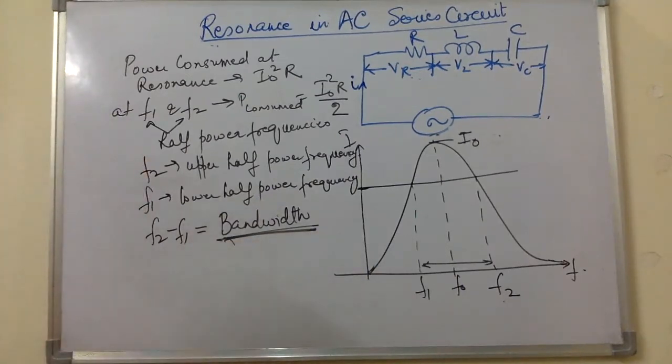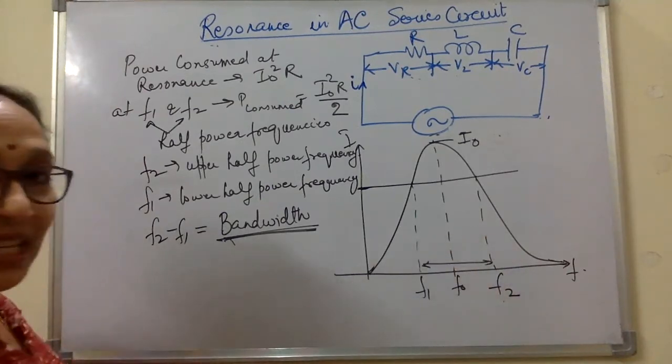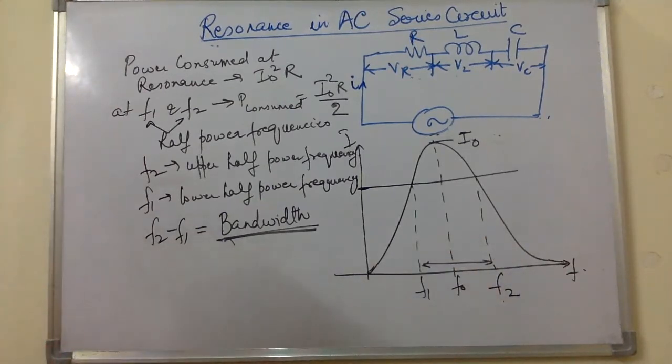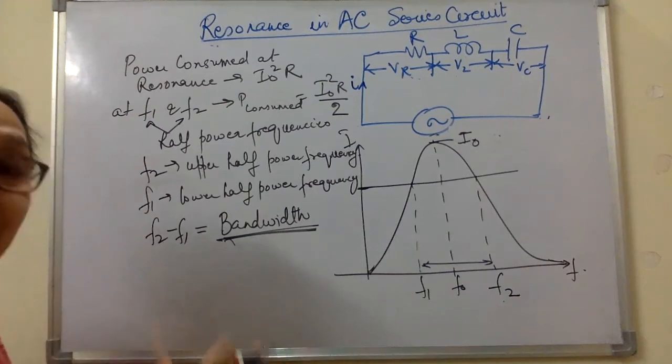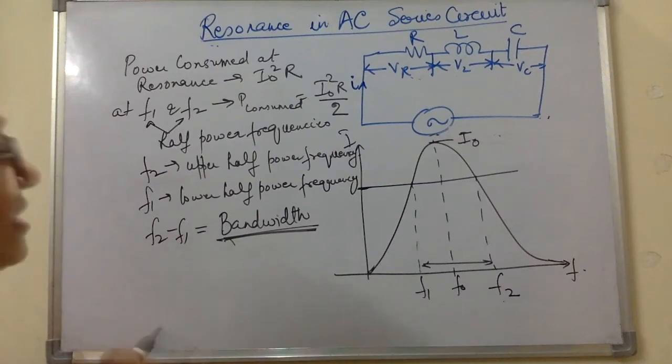This bandwidth means that within this range of the frequency, the power consumed in the given circuit will be minimum half the power, and it can go up till the maximum power consumption. That is, the power transfer to the load will be from 50% to the 100% of the power that can be consumed by the given circuit.